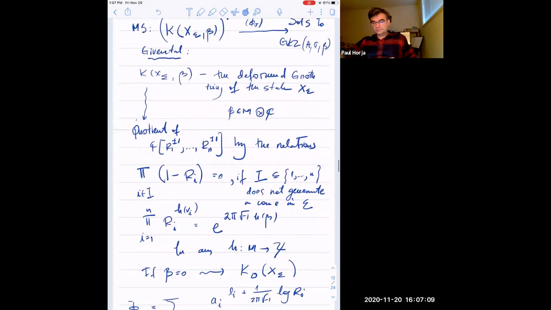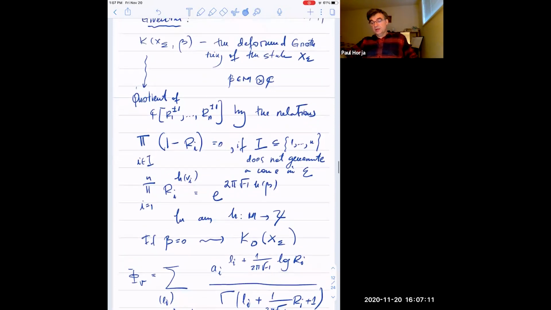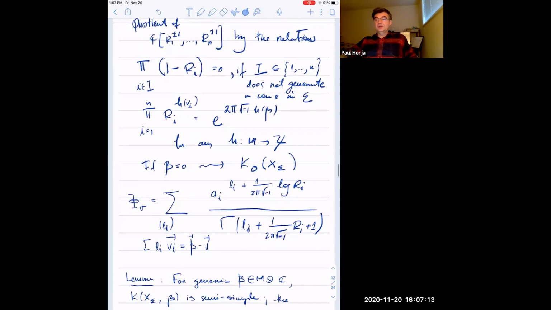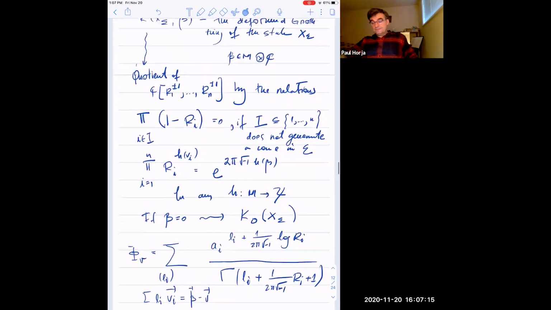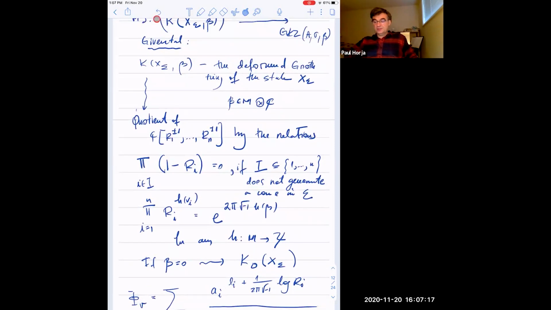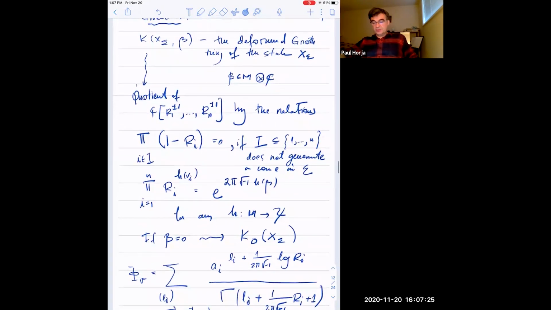So just one word quickly about the technical details of this. What's this? It's kind of a deformed Grothendieck group. So the beta plays the role of a deformation parameter, and there is something that I'm suppressing here.